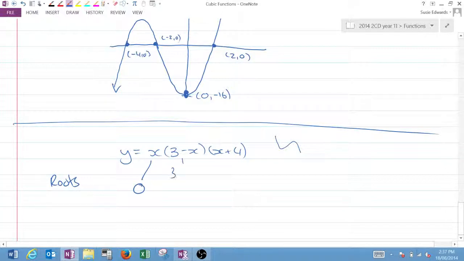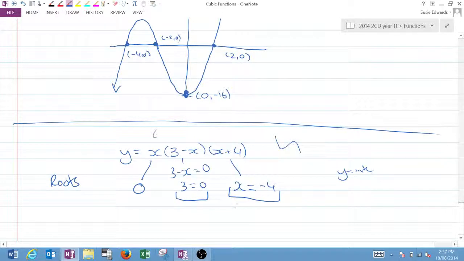Okay? 3 take x. This one we actually have to make it equal 0 and work out the answer. So x equals 3. So beware of that one. It's not the opposite. It's the same number. So that's our other root. What about this one? x equals -4. So we've got 3 roots there. Our y-intercept, if we sub in x equals 0, if 0 is here, anything multiplied by 0 is 0.